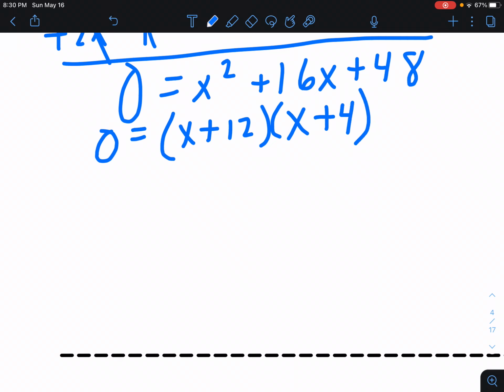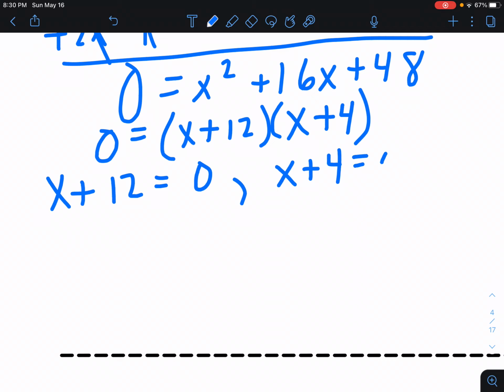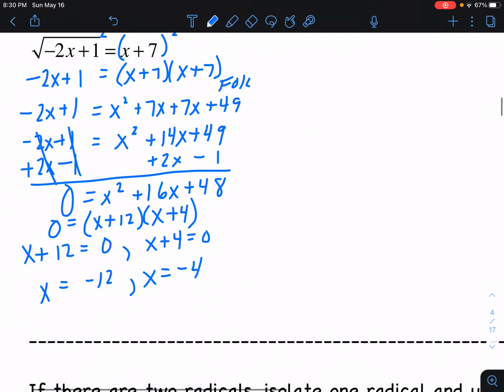And then we would set each factor equal to 0 and then solve them. So we have answers of -12 and -4. We think we do. Let's check them now.